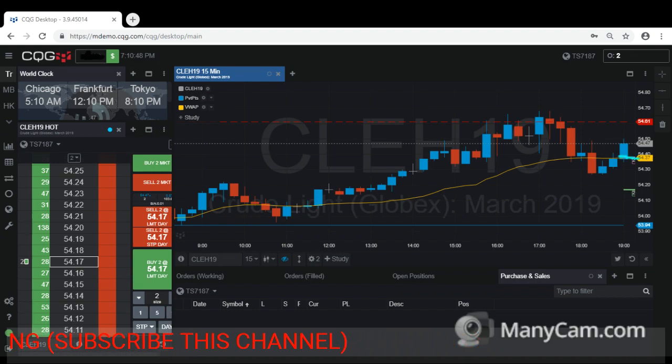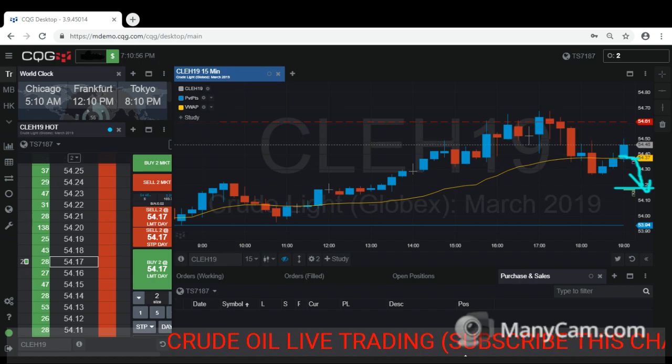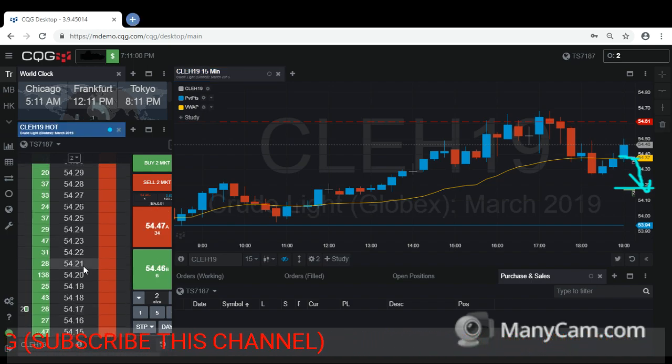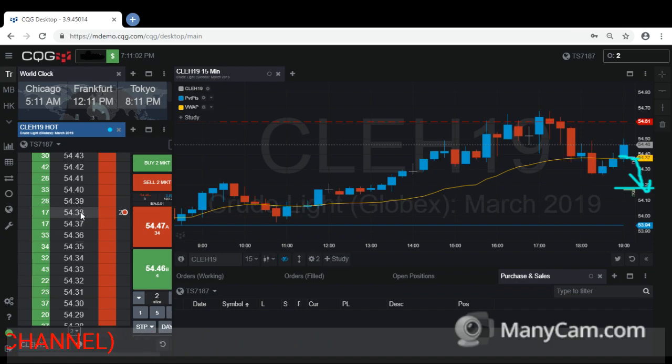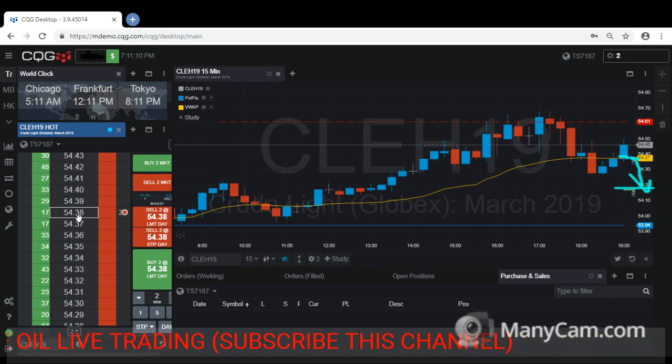You can see this is my TP area, so it should be around 54.17, which is around 21 ticks. So I queue here at 54.38. Hopefully the market will reach there.